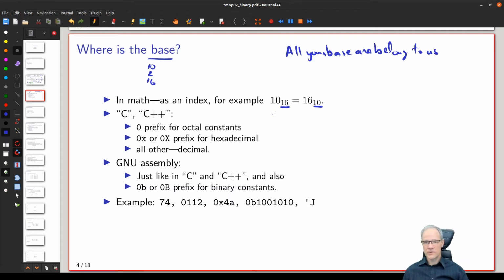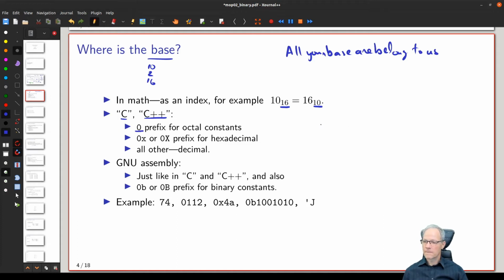Now, when we go to different computer programming languages, such as C or C++, we can show the base that we are using in some other ways. So for example, if I have 0 in front of a value, that means it's an octal constant, right?